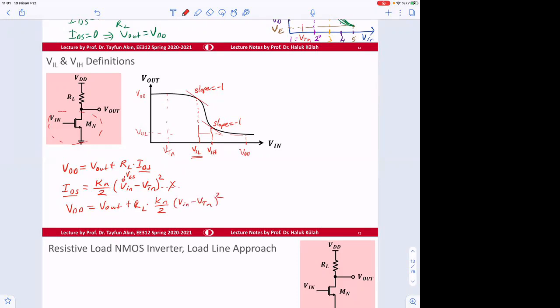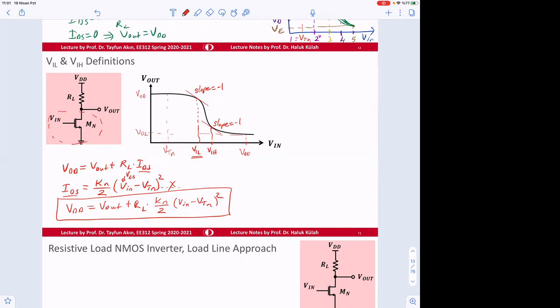Here we obtain a V in, V out equation. Therefore I can take the slope.